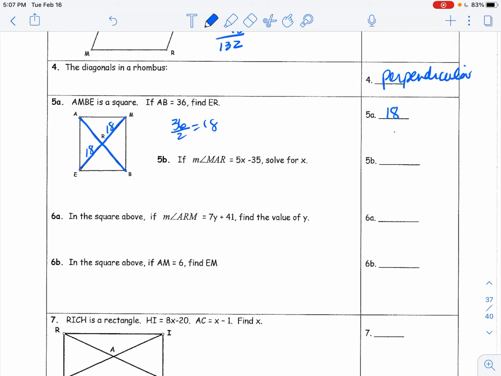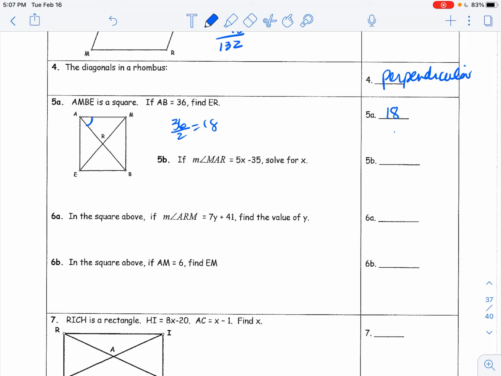5B, if the measure of angle MAR is 5x minus 35, so this angle right here, M to A to R, solve for x.